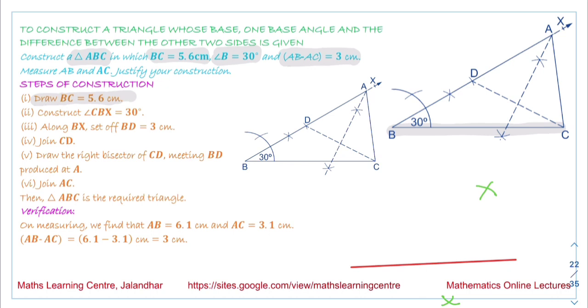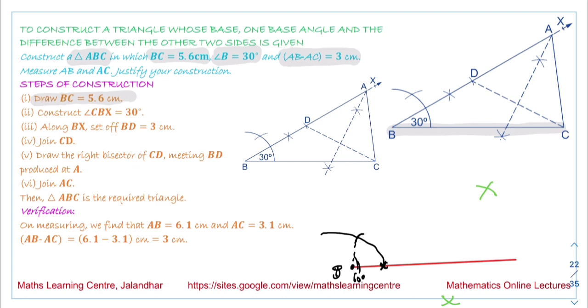Next we have to construct the angle of 30 degree. You know how we construct the angle of 30 degree? We will keep the tip of the compass at point B and we will draw an arc over here. Then from this point, without changing the radius of the compass, we will mark another arc over here, and this angle will be basically 60 degree.